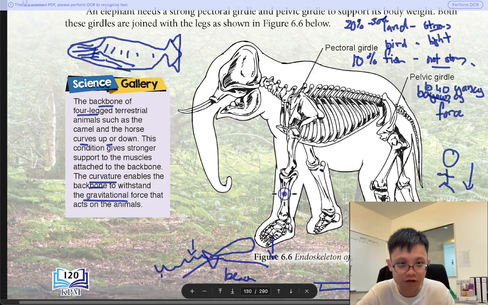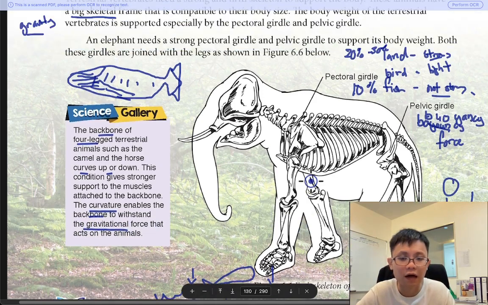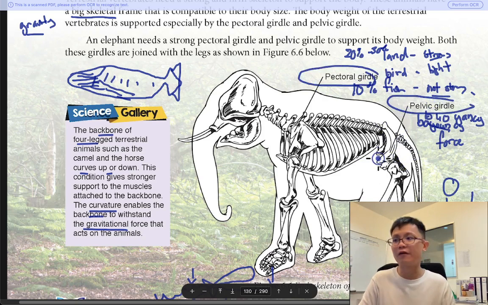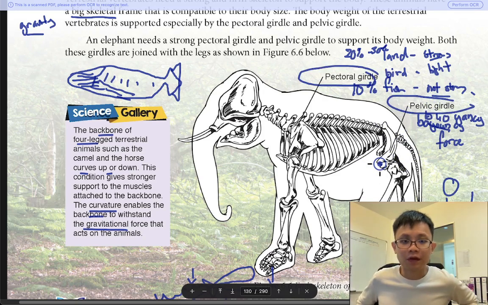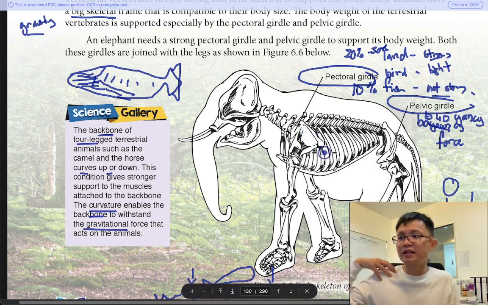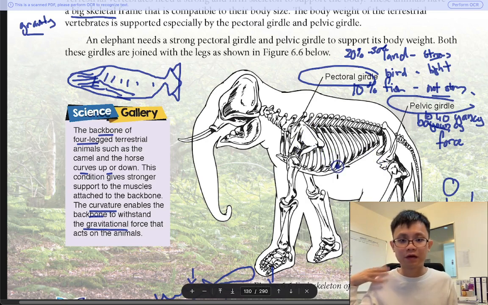So for this, you can see that the bone is curved, so that it will withstand the gravitational force. What you also need to understand and memorize is this is the pectoral girdle, this is the pelvic. Pelvic means you're down here. You injure the pelvic or the pectoral girdle, usually the shoulder part here, also very big.